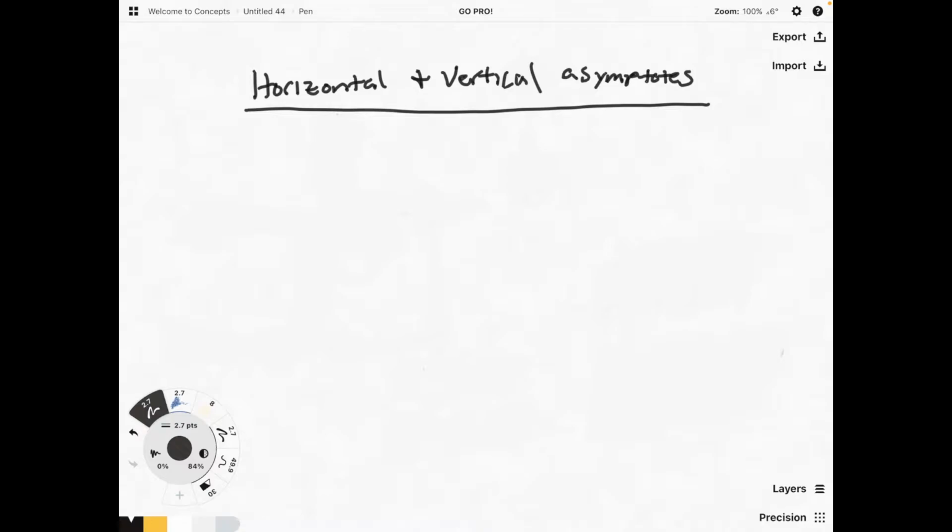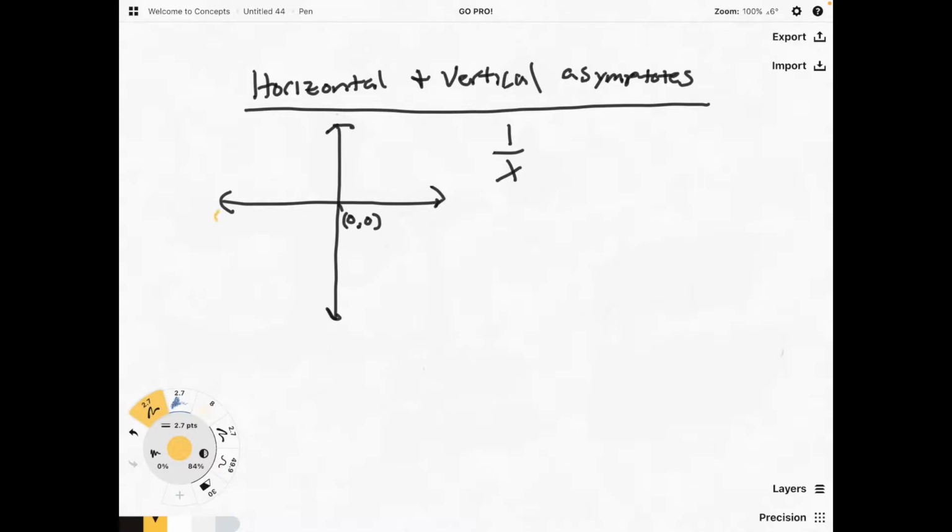So in this line, your line will approach, let's say, 0, but it'll actually never get to 0. Let's take a classic example with 1 over x. With 1 over x, you have this graph where this is your point (0, 0), and your graph would look like this and like this.